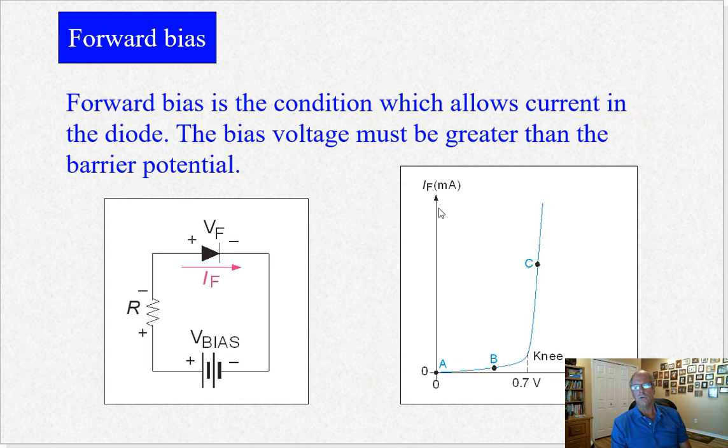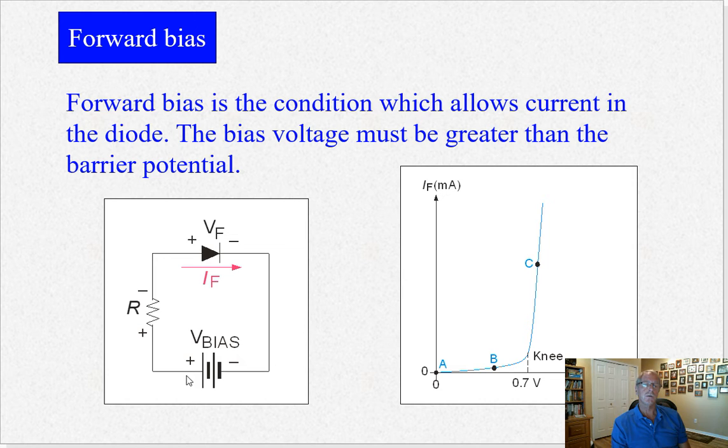This curve is the current-voltage curve. At point A, there are 0 volts of V bias. B is a little bit more voltage, but you're still not there yet. Then finally, when you get enough bias voltage to break down the barrier potential, you all of a sudden get some current.